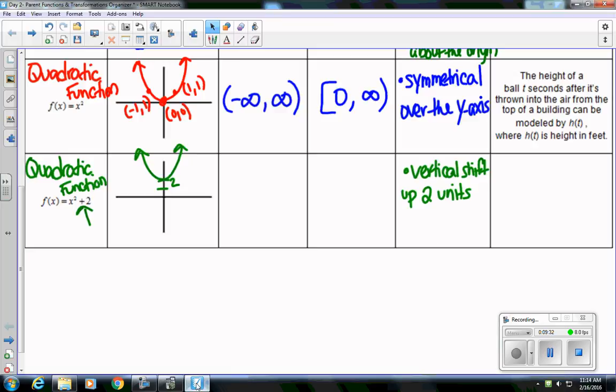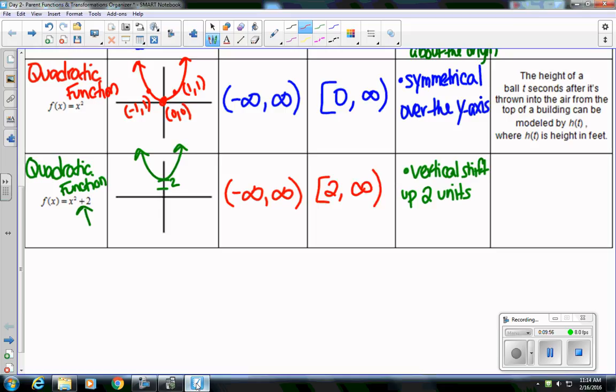So let's talk about domain and range. Once again, our domain of this function, how far left and how far right, is going to be negative infinity to positive infinity, all real numbers. And our range, bottom to top, it goes as low as 2. And then those arrows are pointing towards infinity, so it's going to go to infinity.